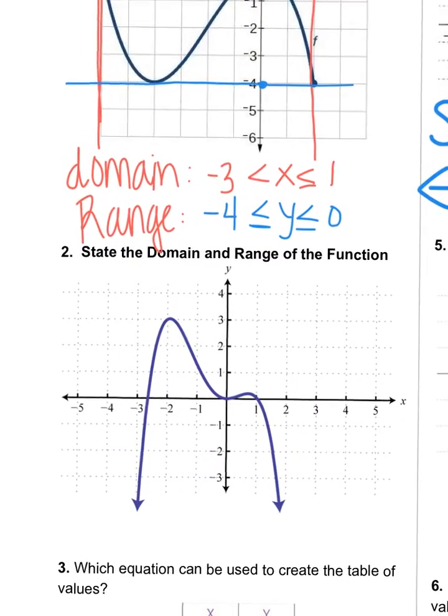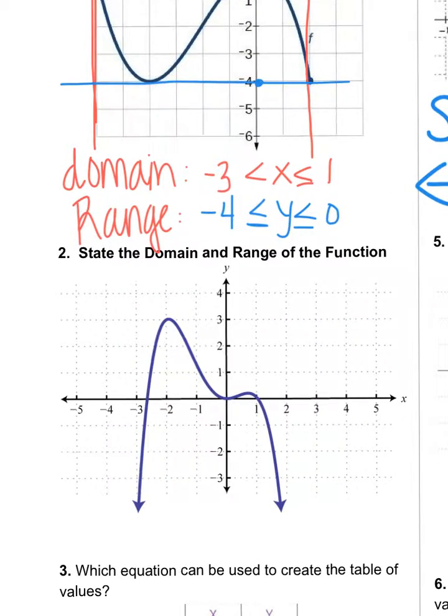For number 2, we have domain and range. Again, domain is our X's. On this graph, as we travel to the left, if I try to draw a line here, I can't because notice there's an arrow.